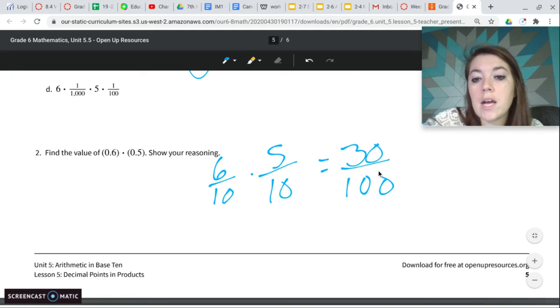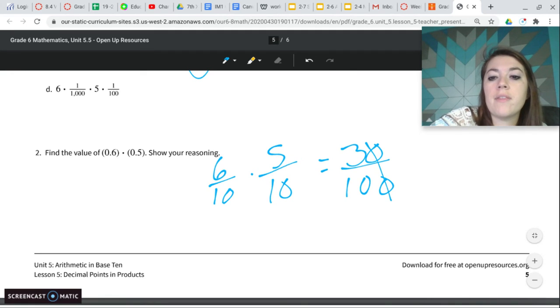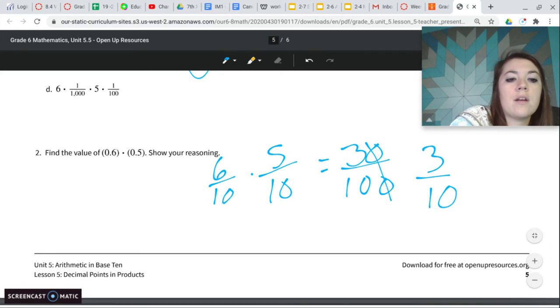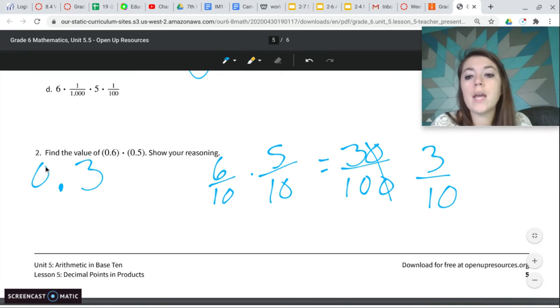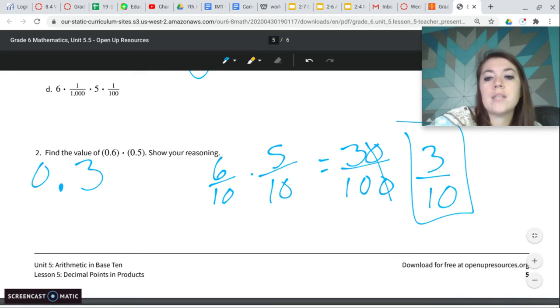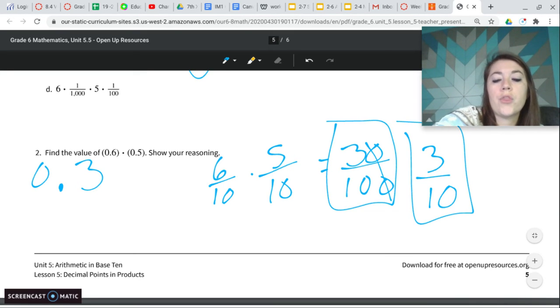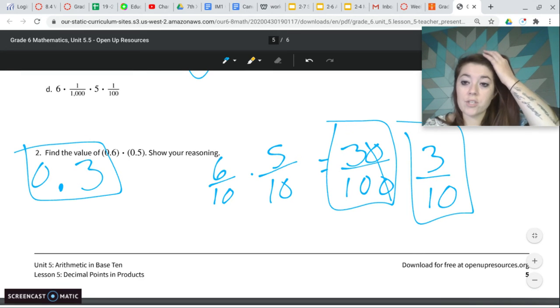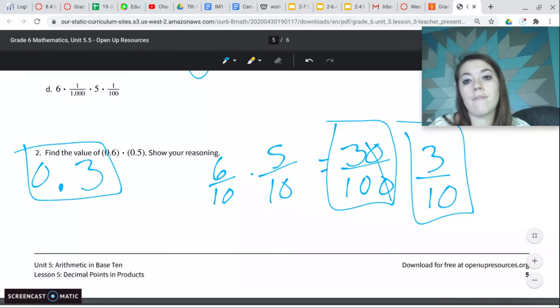So we have 30 hundredths, or we can simplify this to 3/10. So our answer is 0.3 or 3/10 or 30 hundredths. Any of those three would work for our answer, since it doesn't say how it wants us to have it written.